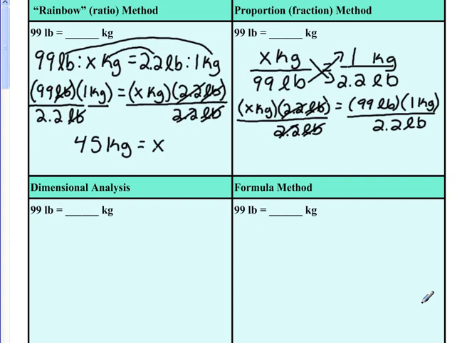On the right-hand side, only the unit pounds is canceled, not the numbers. This leaves us with x kilograms by itself on the left-hand side, and we can multiply 99 times 1 divided by 2.2, and we can see that 99 pounds is equivalent to 45 kilograms.